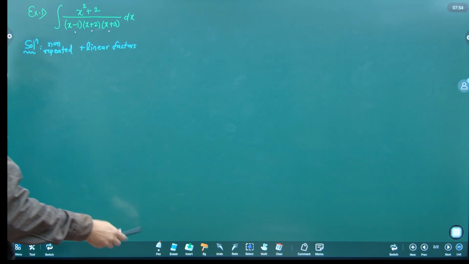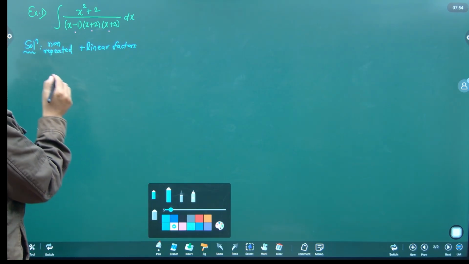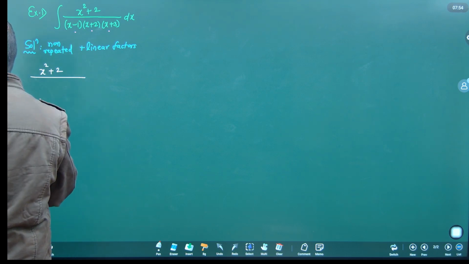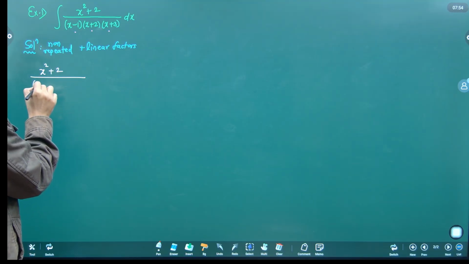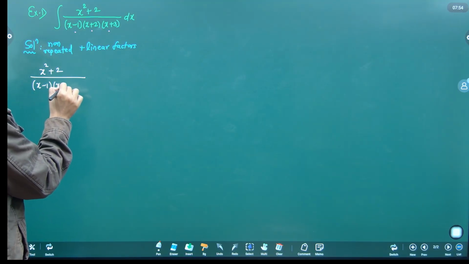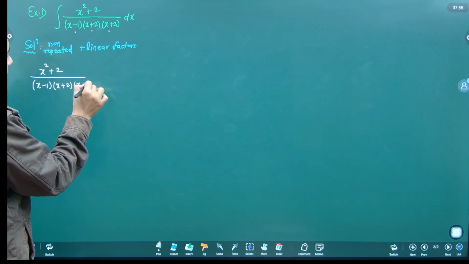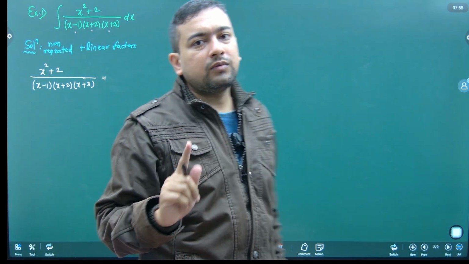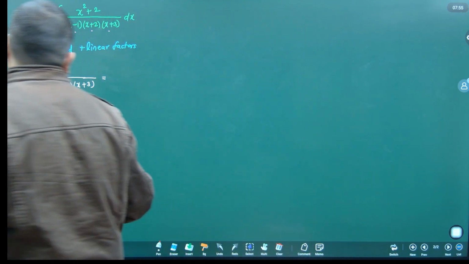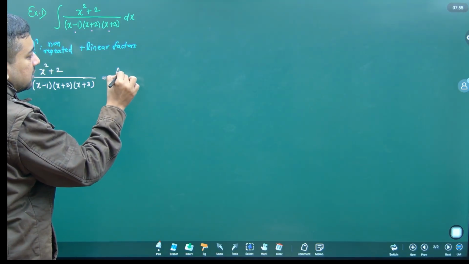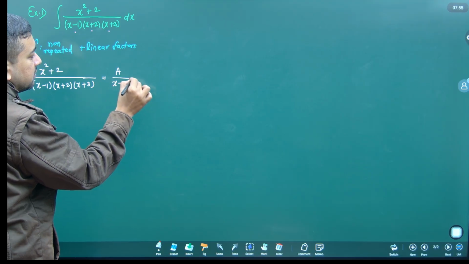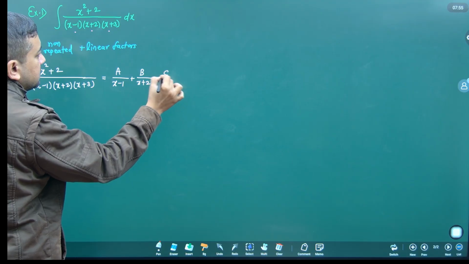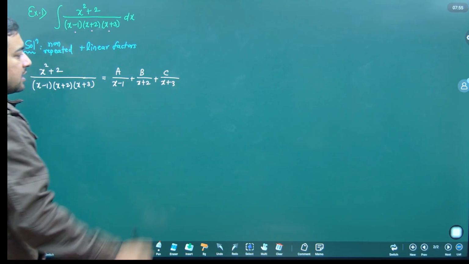So let us convert the given fraction into partial fractions. x square plus 2 upon x minus 1, x plus 2, x plus 3 is equal to, to each linear factor you have to allot one constant. So I can write this as a upon x minus 1 plus b upon x plus 2 plus c upon x plus 3.